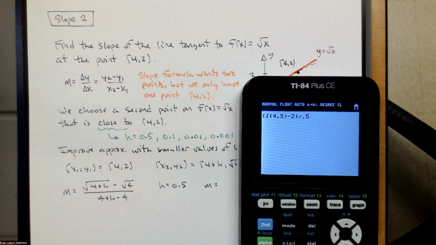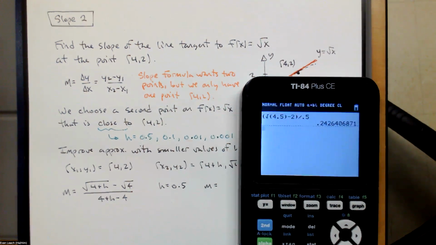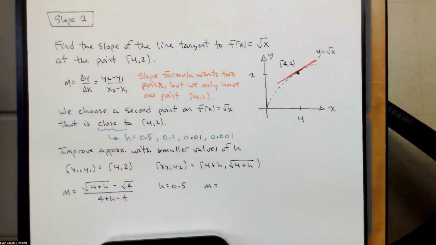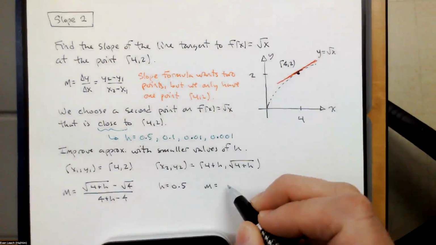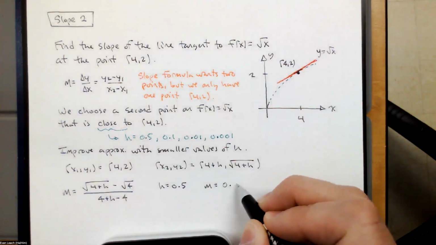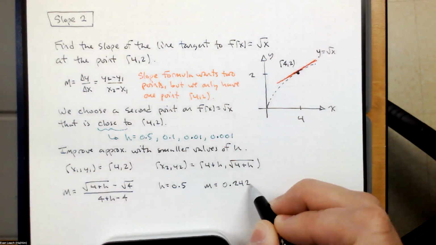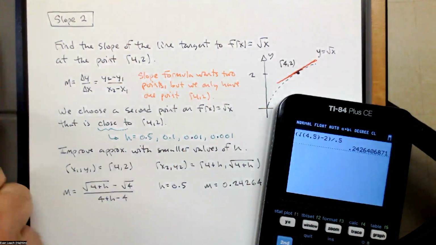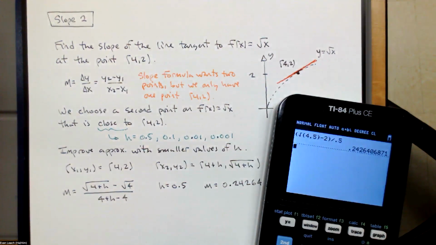That 4.5 is the 4 plus a little bit extra. This is a point that's close to 4. And we get 0.24264. I think I asked for 5 significant figures because I like to have excessive amounts of significant figures. So the slope of the tangent line is approximately 0.24264.